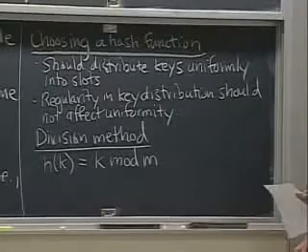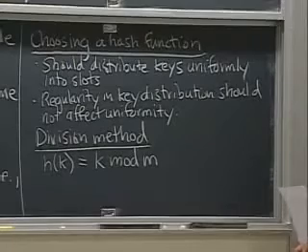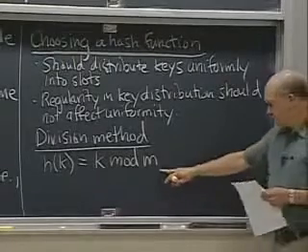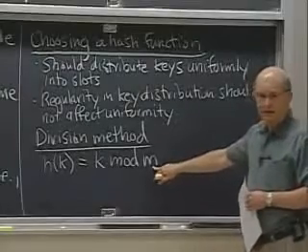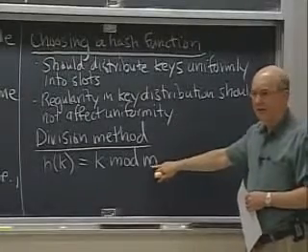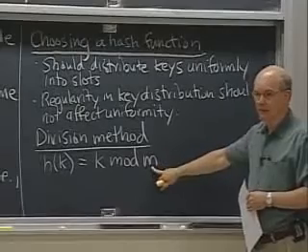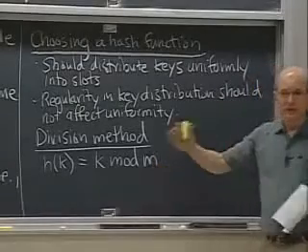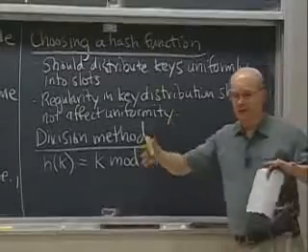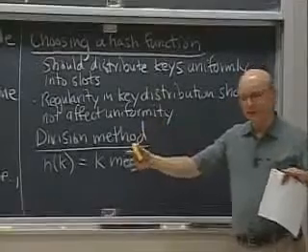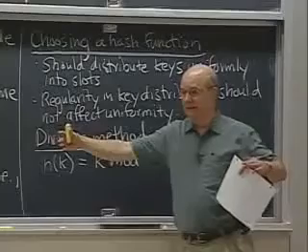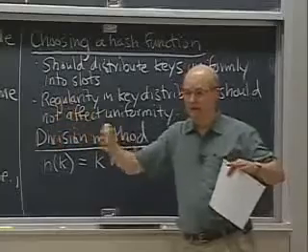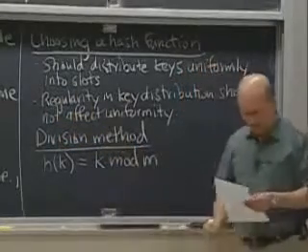And this works reasonably well in practice, but you want to be careful about your choice of modulus. In other words, it doesn't work well for every possible size of table you might want to pick. Fortunately, when you're building hash tables, you don't usually care about the specific size of the table. If you pick it around some size, that's probably fine, because it's not going to affect the performance. So there's no need to pick a specific value.